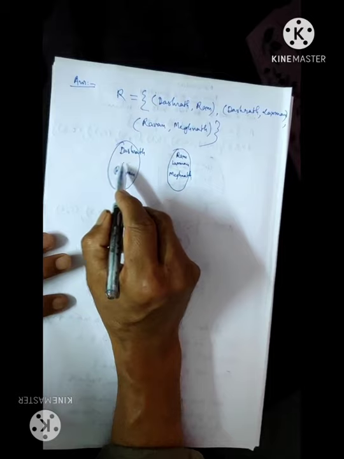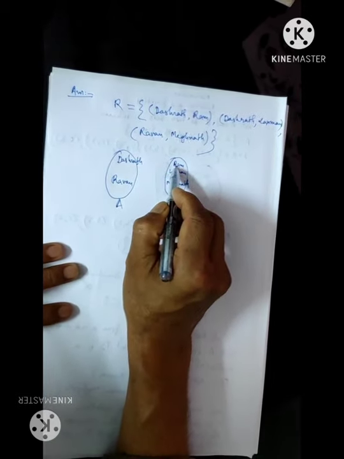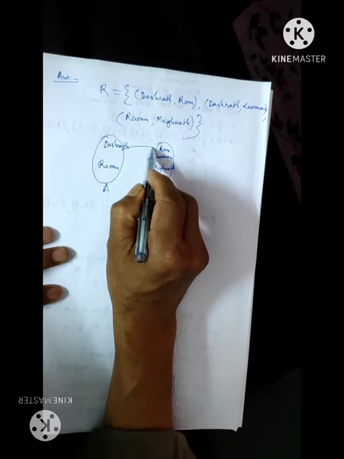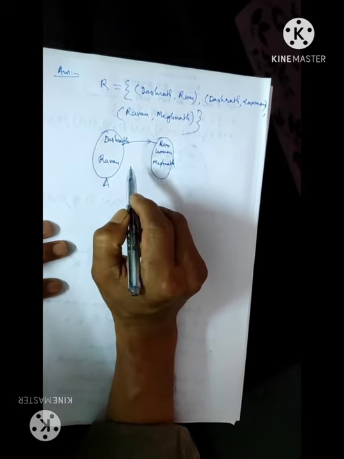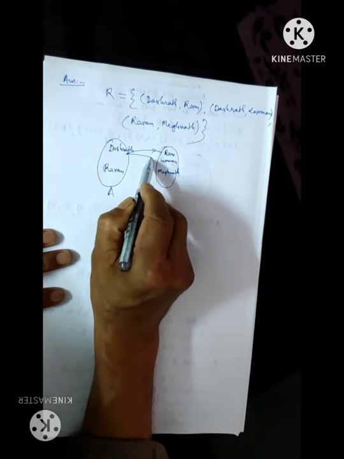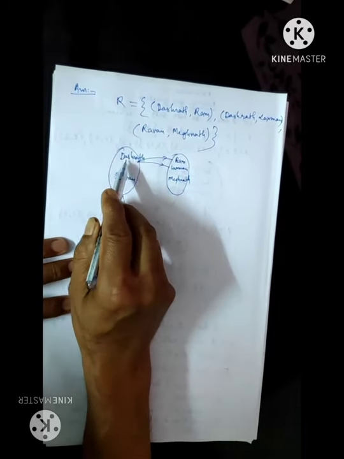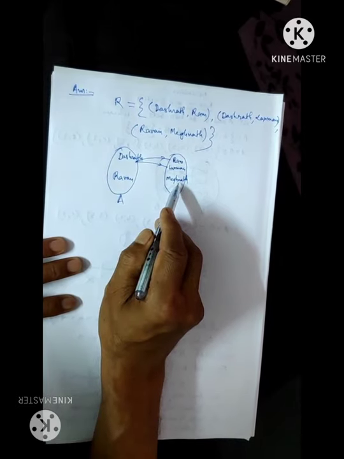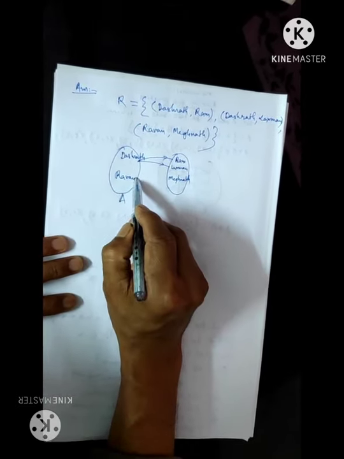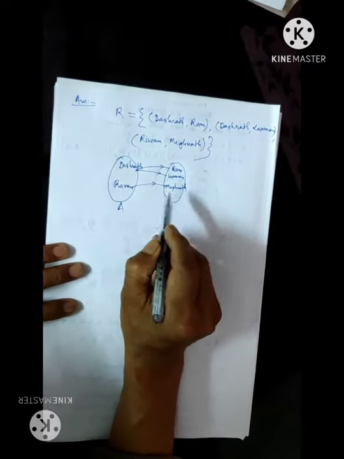Here the relation is Dasarath with Ram. Ram is the image of Dasarath. We can draw the line this way. Dasarath is related to Lakshman. But Dasarath is not related to Meghnad. Meghnad is the image of Ravan. So we can draw these relations this way.